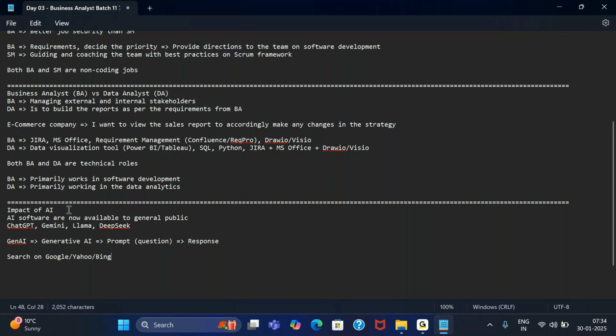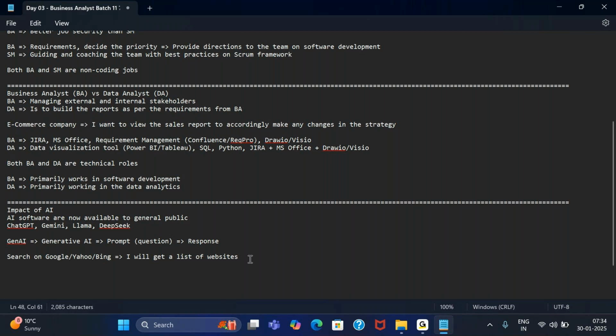When I search, I'll get a list of websites. Then I'll have to go through those websites and identify which one is best suitable for me. So there was no straightforward response. If I ask a question to search engines, they will give me a list of websites, and then I'll have to go through each website and figure out which one is relevant for me.